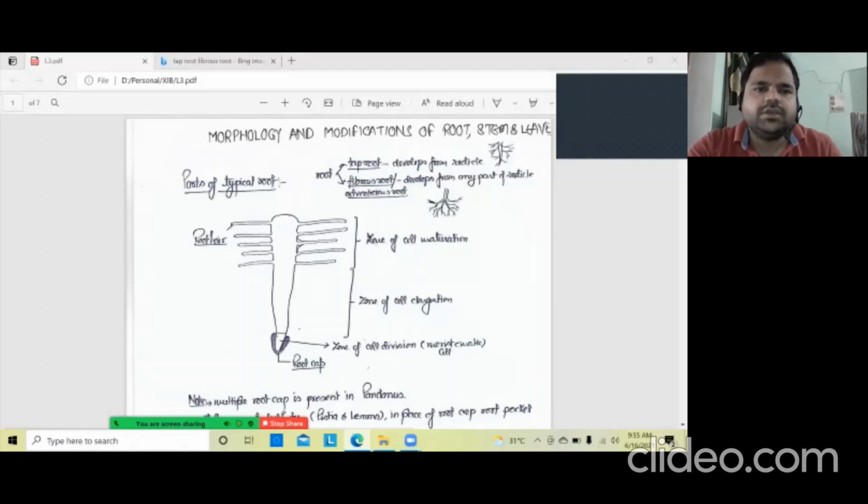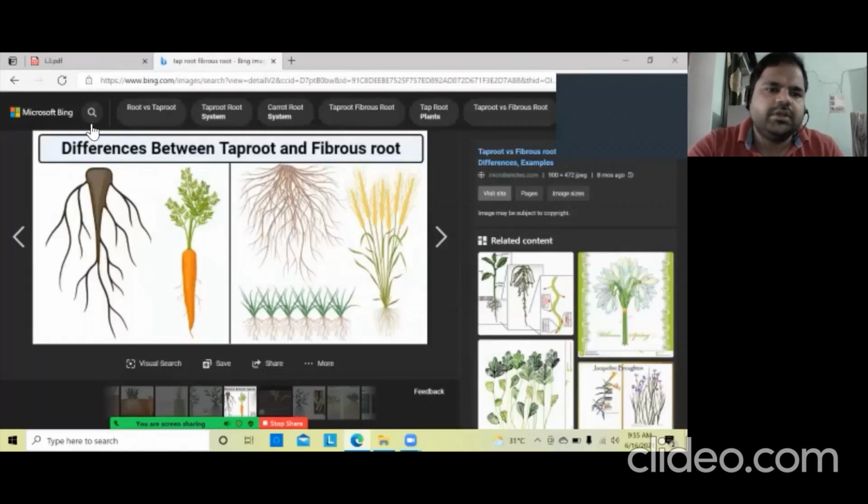And we can see the diagram here. The left one is the taproot, and the right one is the adventitious or fibrous root. In the case of taproot, there is a primary root structure, and laterally several secondary roots or root hairs have arisen.